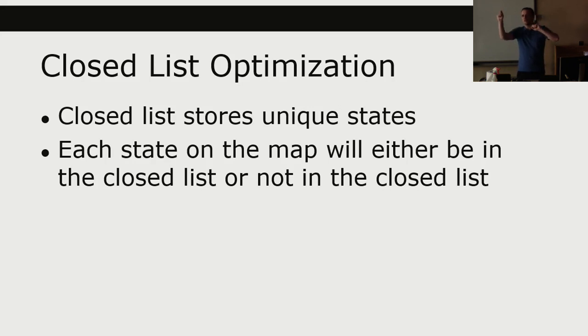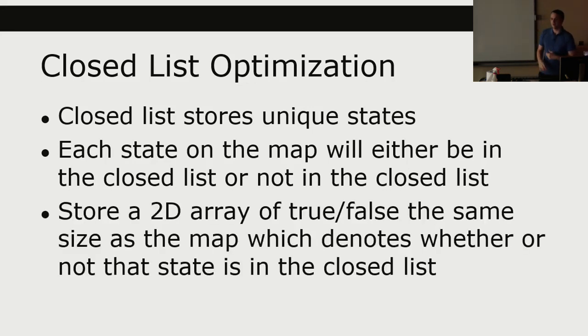Each of those states is either going to be a yes or a no to whether or not it's in the closed list. So if I store, instead of an array of states, a 2D array of trues and falses that's the same size as the environment, then I'll essentially have a big lookup table that says whether or not something is in the closed list.